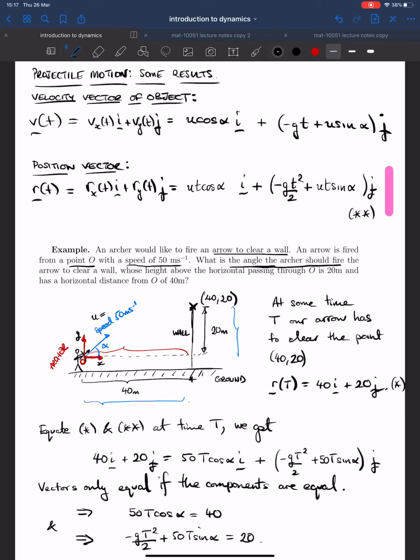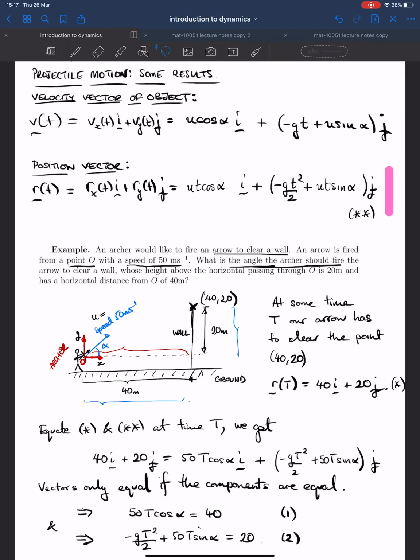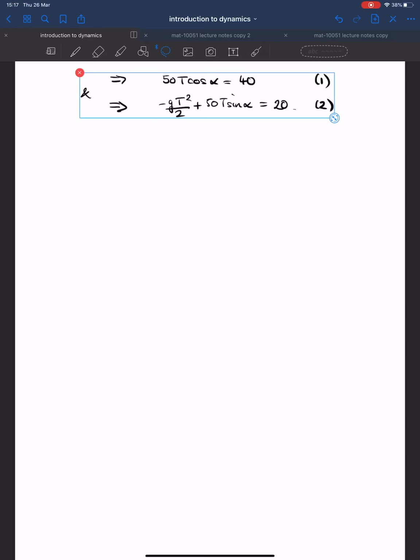So T is an unknown and alpha is an unknown so far, but the first equation gives me a way to get hold of T. If I just copy this across, I have the following from 1.